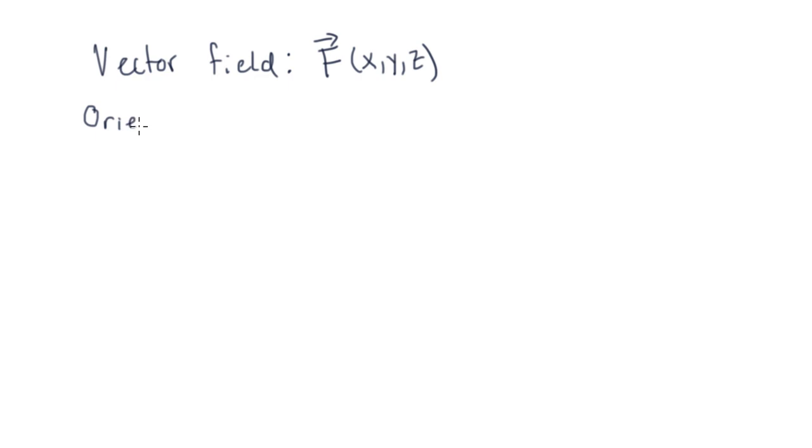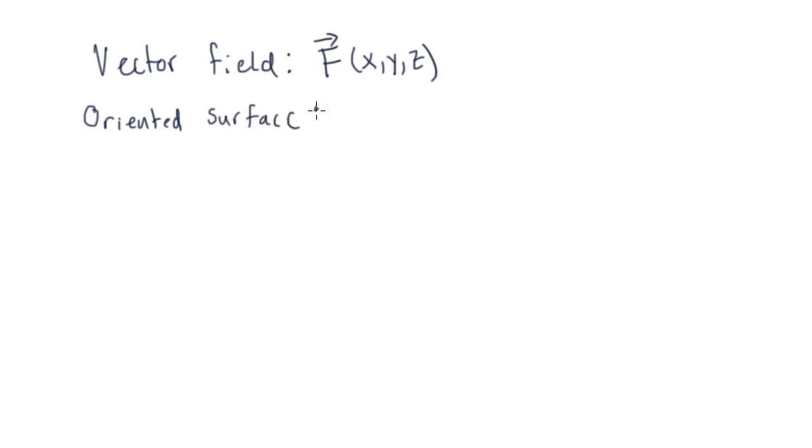Okay, so now let's say that we have a vector field. And this will be a vector field in space. So we have x, y, z. And what else do we have? Well, just like we had an oriented curve, we need an oriented surface.